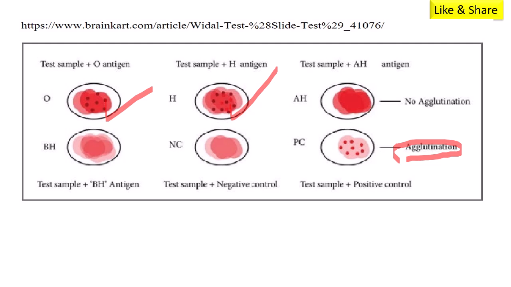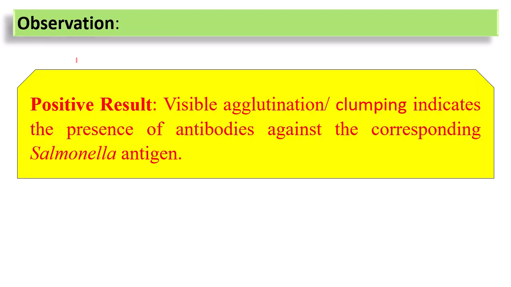And observation, positive result of the Widal test. When visible agglutination or clumping forms, it indicates the presence of antibodies against the corresponding Salmonella antigen.